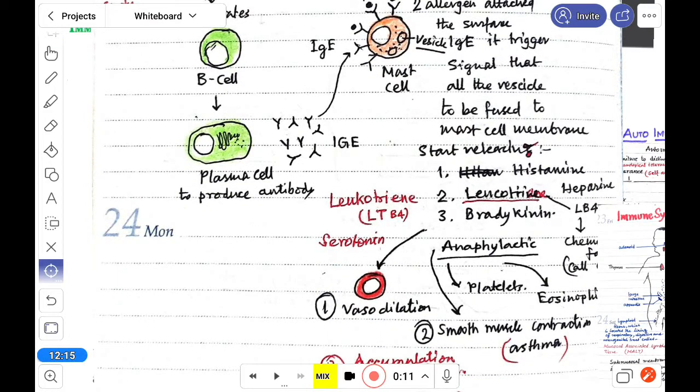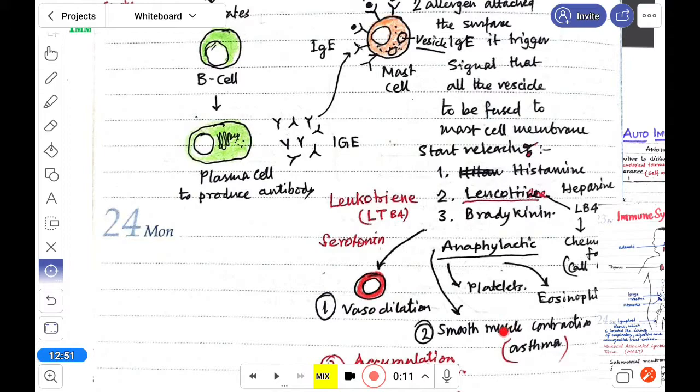So here the mast cell membrane starts releasing histamine, leukotriene, heparin, bradykinin, serotonin, all this material. It causes vasodilation. What is vasodilation? It means our blood vessels become dilated, bigger in size, so that a huge amount of blood will flow, and the area becomes large, red, and swells up.